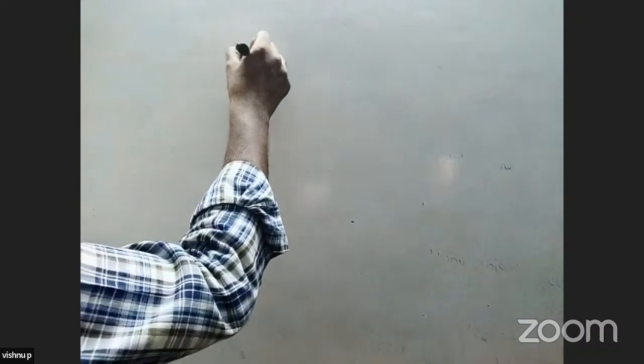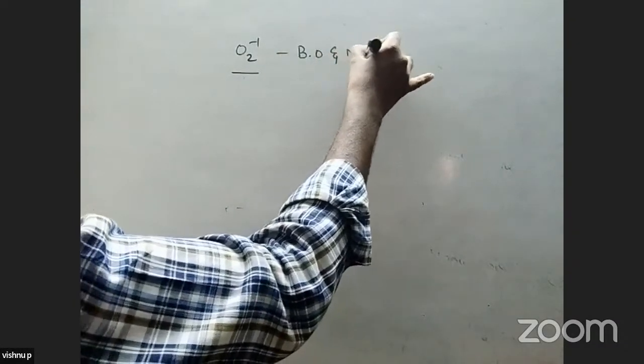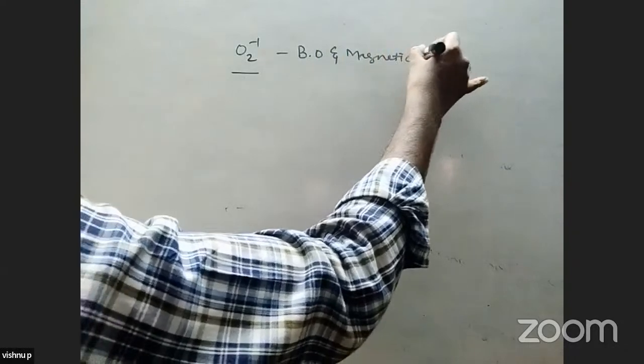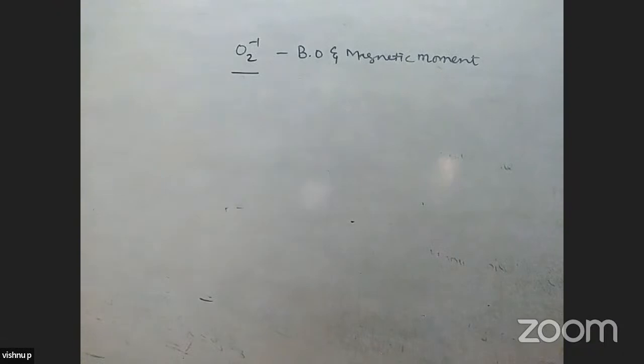Next question. O2 minus 1 is given. Find out bond order and magnetic moment.